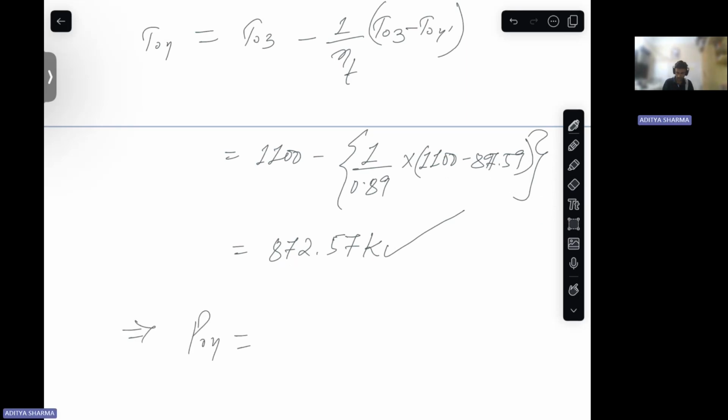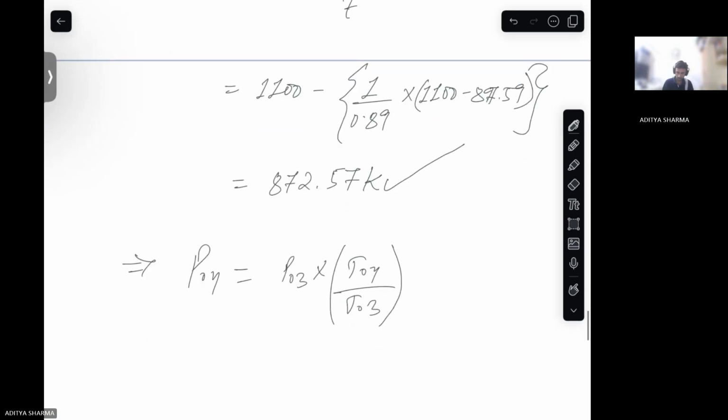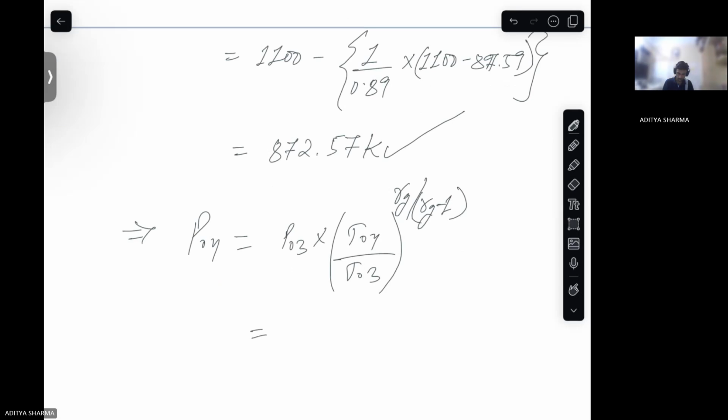So T naught 4 is equal to, because P naught 4 is this, P naught 3 is 2.8134. T naught 4 is 872.57. T naught 3 is 1100.